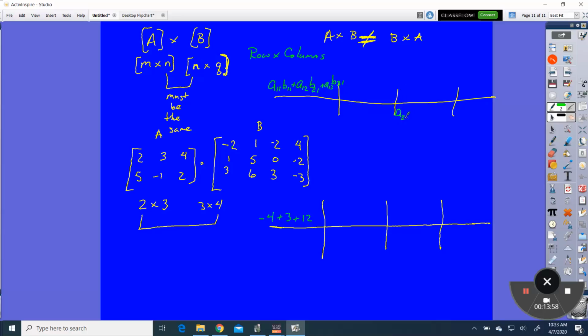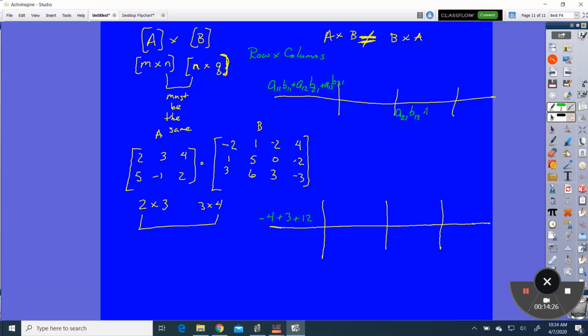So A2, so it's my second row, and then the B on this first row, so whoops, A21 times B13. So second row, third column.